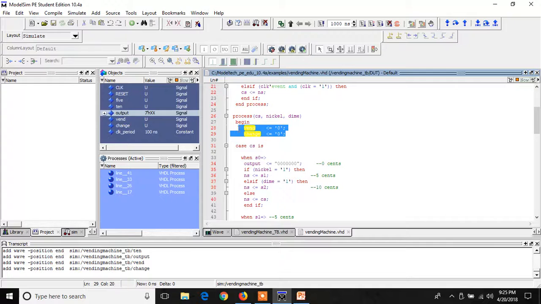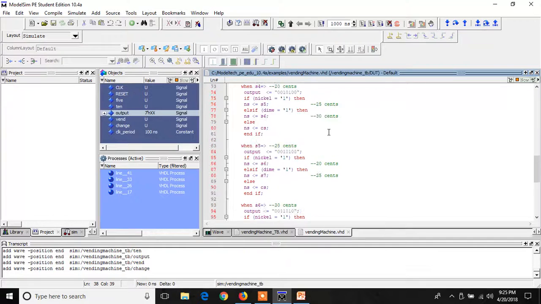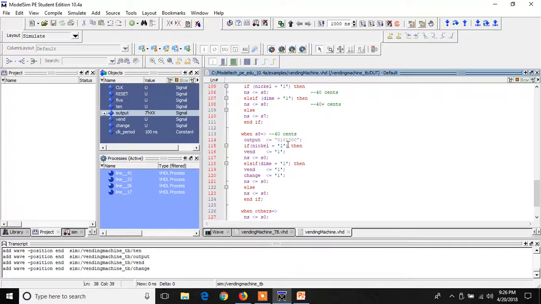I have hard coded vend and change to be 0, and in state 0, if nickel is 1, the next state is state 1 where it has 5 cents, and otherwise if dime was inserted go to state 2 which has 10 cents, and it keeps doing this until state 8. When in state 8 nickel equals 1, then vend equals 1, and the next state becomes 0, and it's ready to accept coins again.